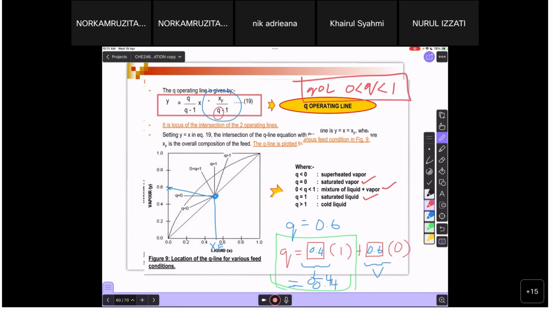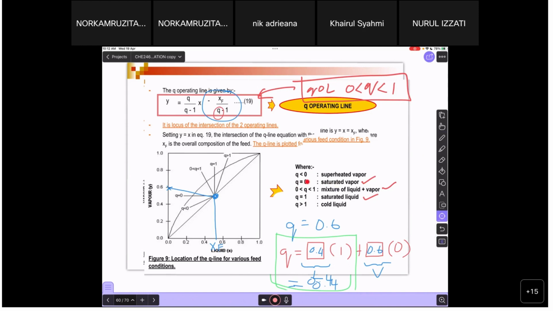So the Q operating line equation can only be used when the mixture is liquid and vapor. But if the feed is in the form of saturated vapor, the value is fixed, which is Q equal to 0.